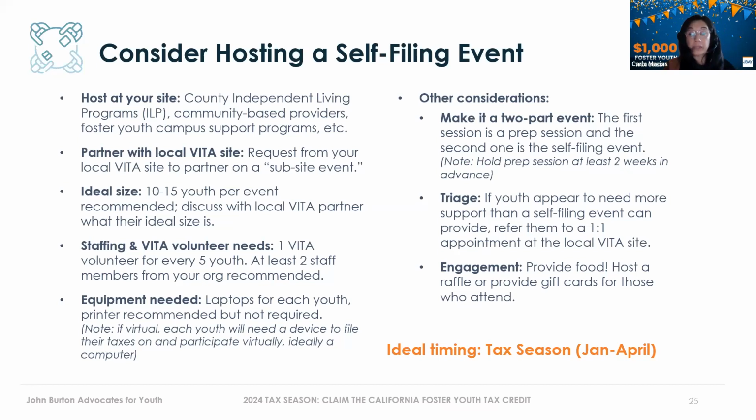As it says on this slide, you want to triage, because if they self-file and get that error code, you can Google it and it tells you why they received that code. A lot of times you eventually have to do a paper file. So you want that young person to get support with that. That's a perfect example of how you want to help that young person get a one-on-one tax appointment at a VITA site.